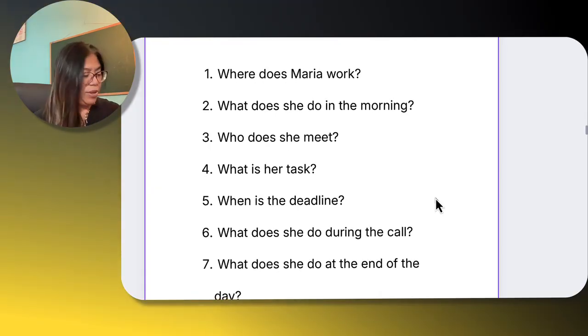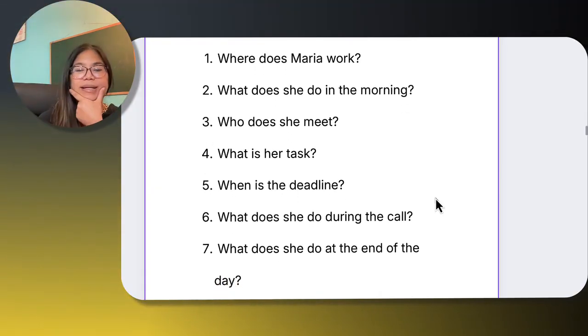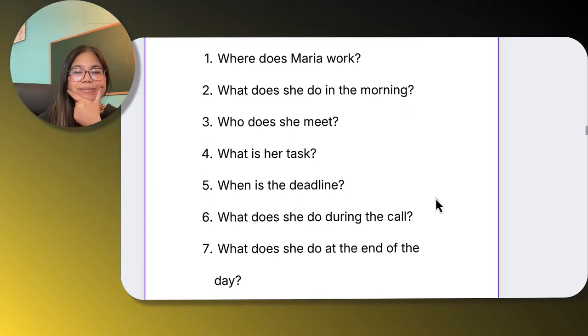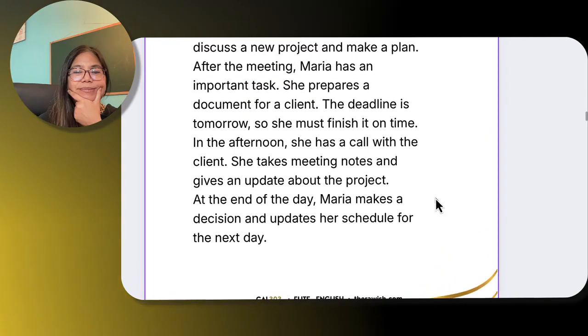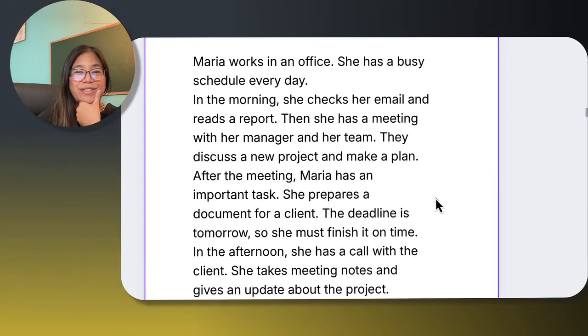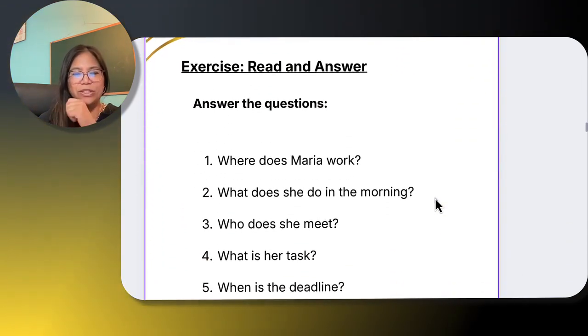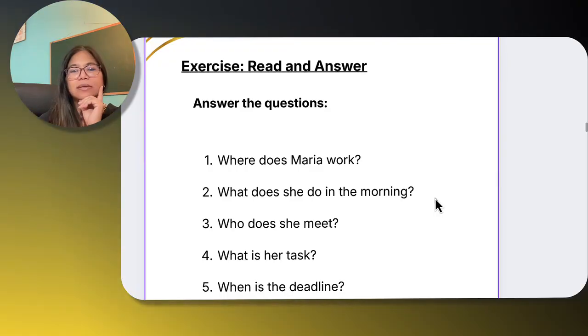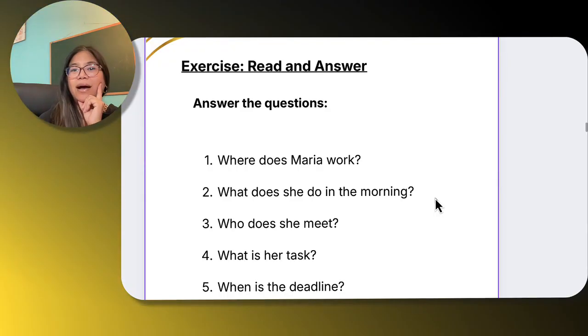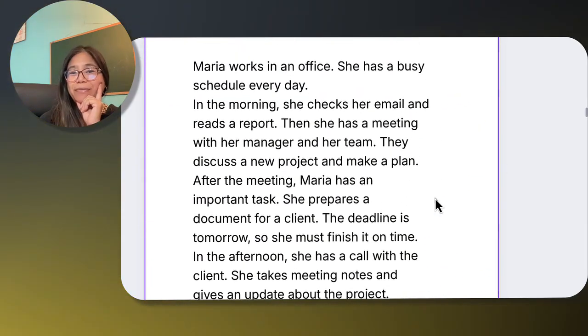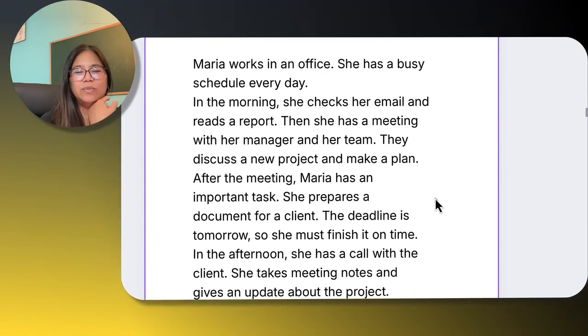First one, where does Maria work? Let's go back to the reading. Well, she works in an office. What does she do in the morning? That is the second question. She checks her email and reads a report. That's what she does in the morning.